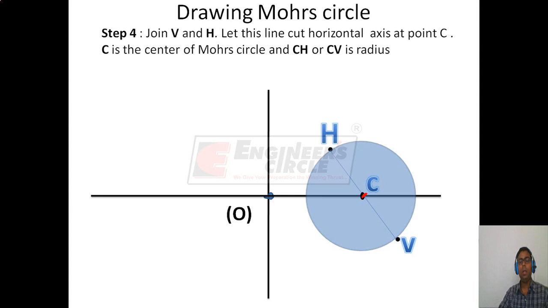So we have obtained Mohr's circle from the state of stresses given at a point on two mutually perpendicular planes, that is the vertical plane and the horizontal plane.